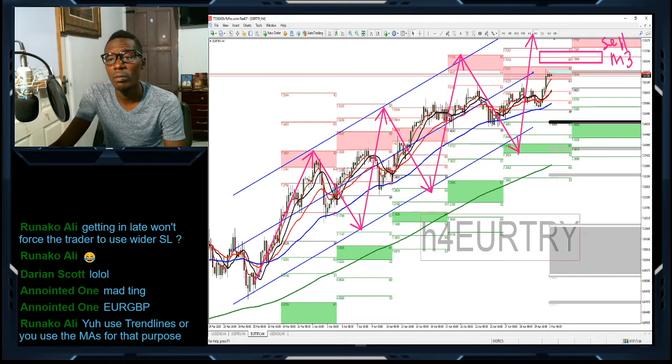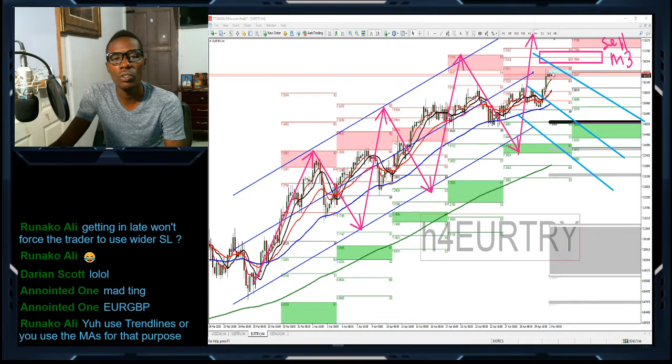Alright. I'm going to use the arrow right here with a different color. I'm just going to draw it because it's not giving me what I'm looking for. Change the color now. Yellow.